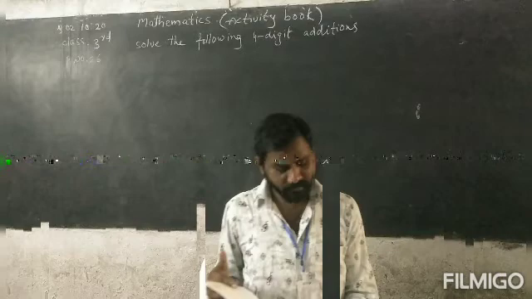See first one, 5969, 9584. First of all, the given numbers are arranged column-wise.